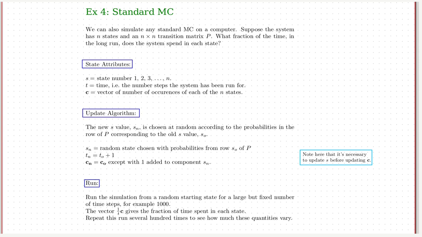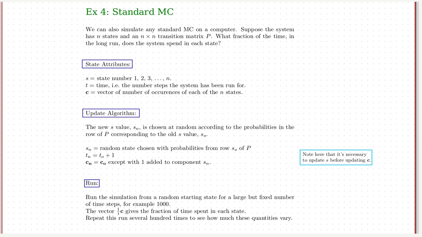Here I'm going to do a question regarding a regular Markov chain, where we're looking for the long-term probabilities of being in each one of the states. So suppose we have a standard Markov chain. Even assume it's a regular Markov chain, so that it's ergodic and period 1, and so it's guaranteed to have a nice, well-defined, long-term stable vector.